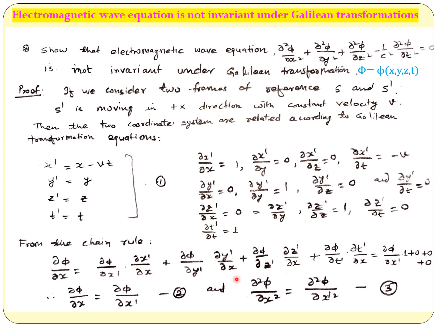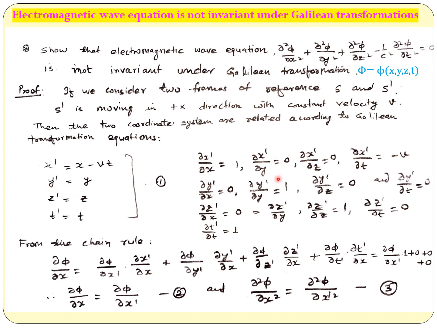We write it in primed coordinates because we want a relation from primed coordinates to non-primed coordinates. So that's why we are doing all this in primed coordinates. And now we can put in delta x prime by delta x from this equation. If we find the partial differentiation, delta x prime by delta x is equal to 1, because b and t will be treated as constant, so only this will give us 1.